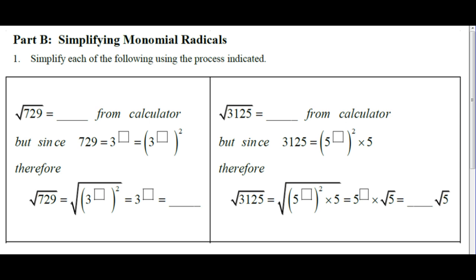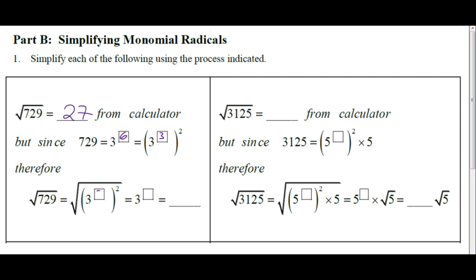Simplify each of the following using the process indicated. The root of 729. Okay, use your calculator. What's the square root of 729? 27. But since 729 is 3 to the power of 6, it's 3 cubed squared.